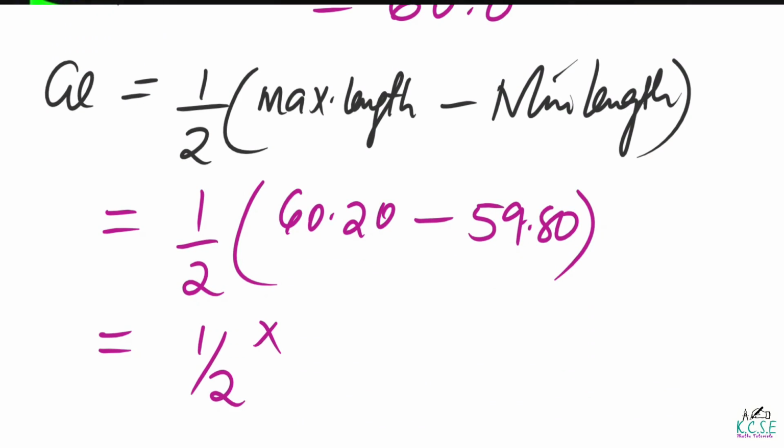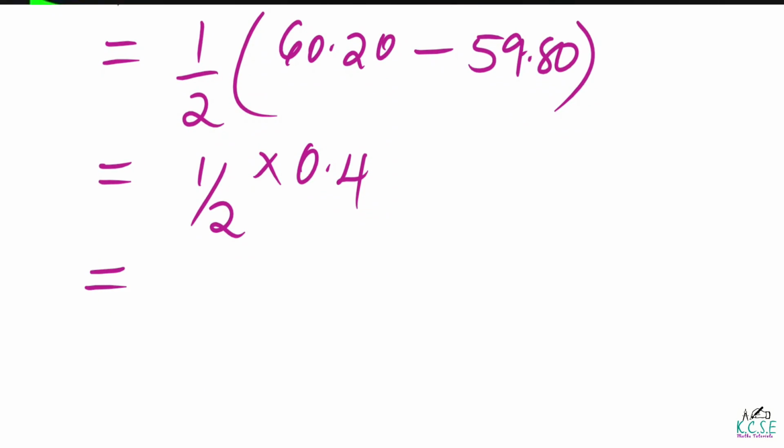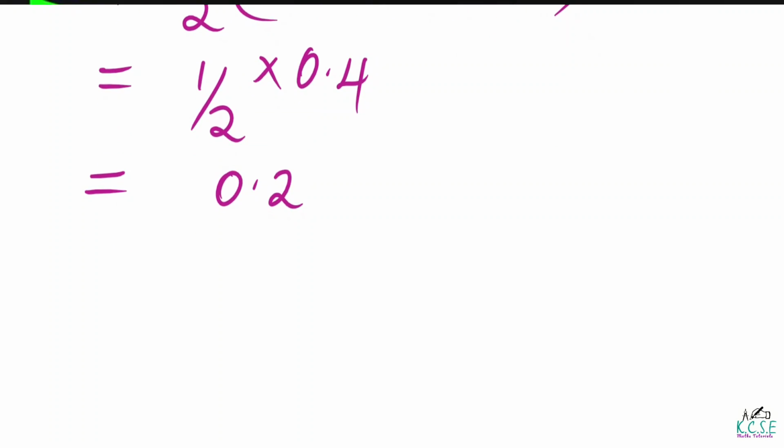When you subtract, you get 0.4. Working out half of this will give 0.2. So that is the absolute error.